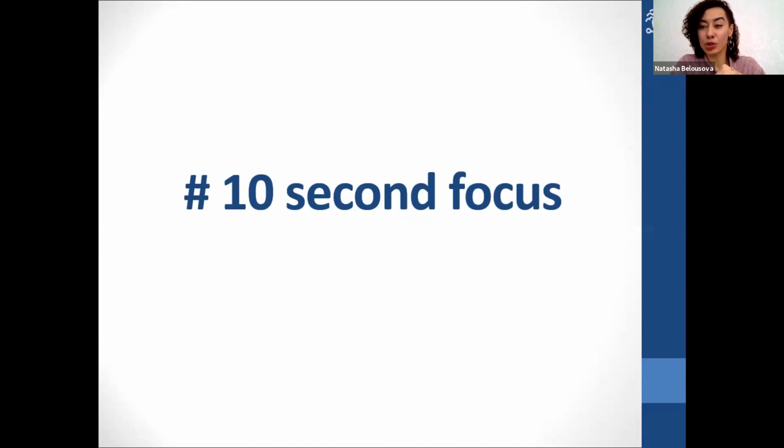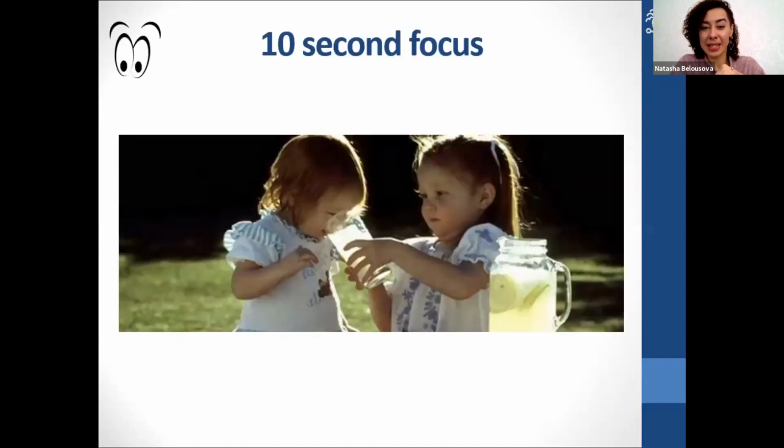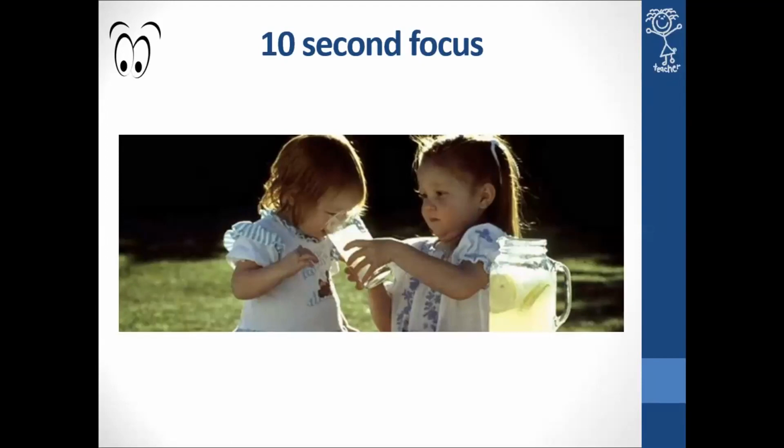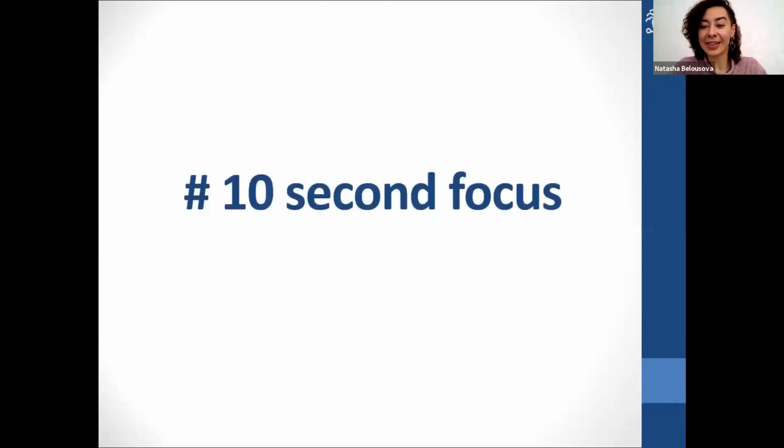Ready? Don't cheat. Students A, 10 seconds. Now everybody close your eyes, please. Sorry, but it's very convenient to do it online, but still close your eyes. Everybody close your eyes. I'll tell you when to open.